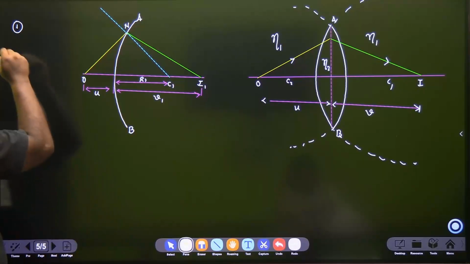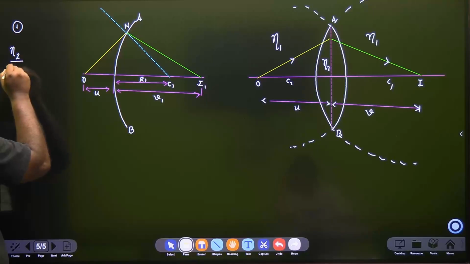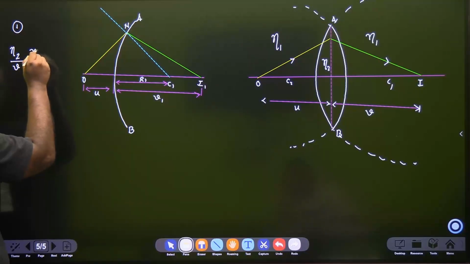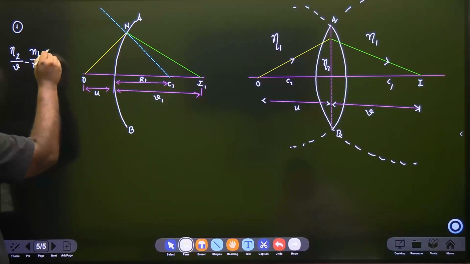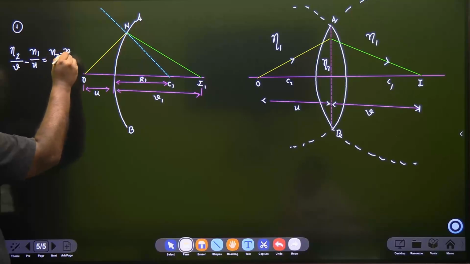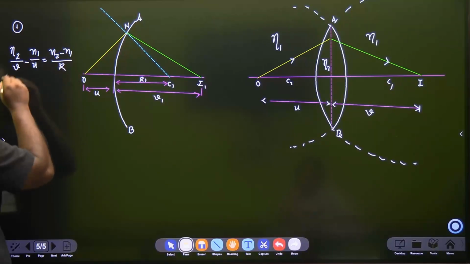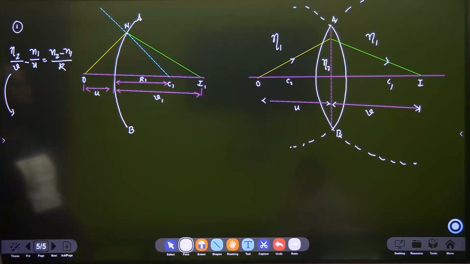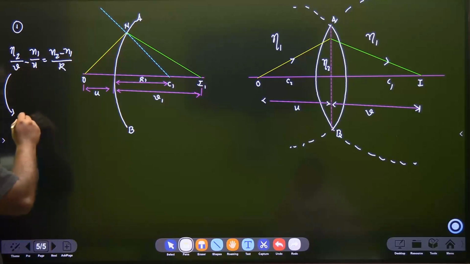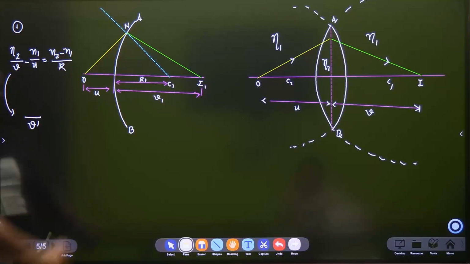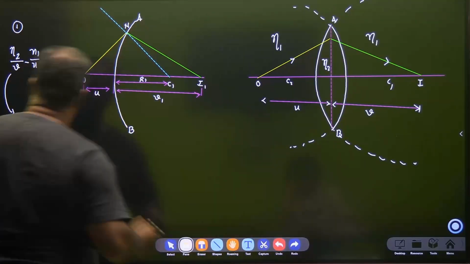So let's recall our formula. Our formula was eta 2 by V minus eta 1 by U is equal to eta 2 minus eta 1 upon R. Try to put this formula. Instead of V, which is the image distance, it becomes V dash, or I use the word V1.